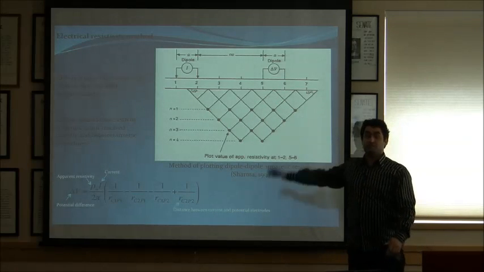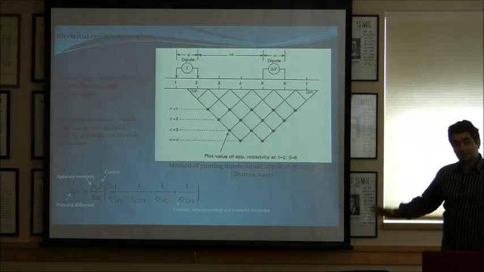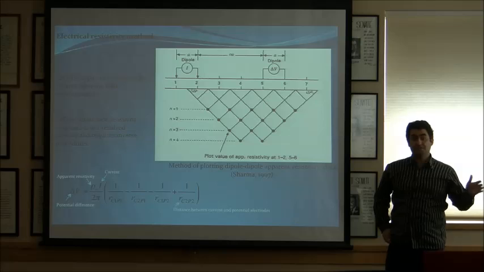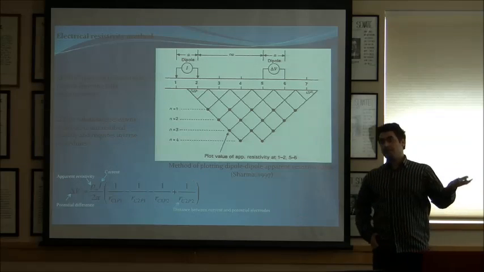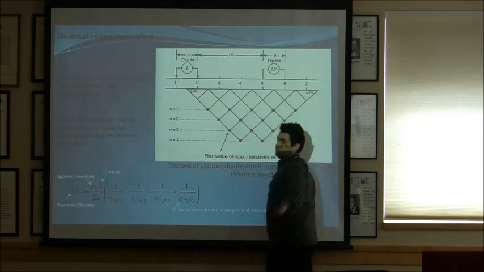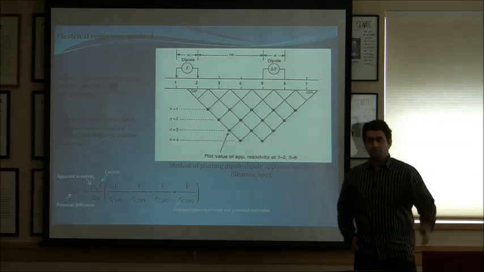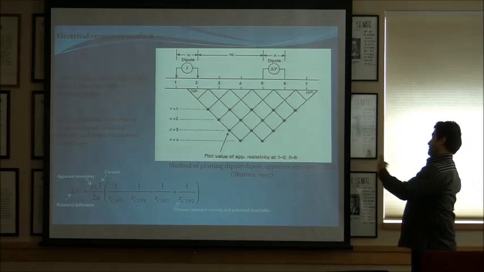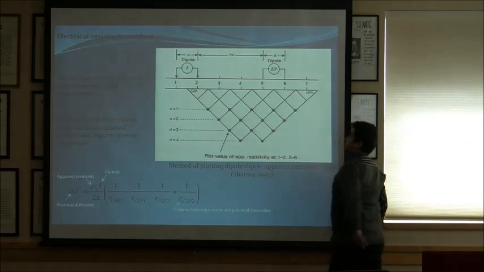In some cases this method doesn't work. For example, if you have a very resistive surface, say granite, sometimes you cannot inject enough current into the ground to get a meaningful measurement.